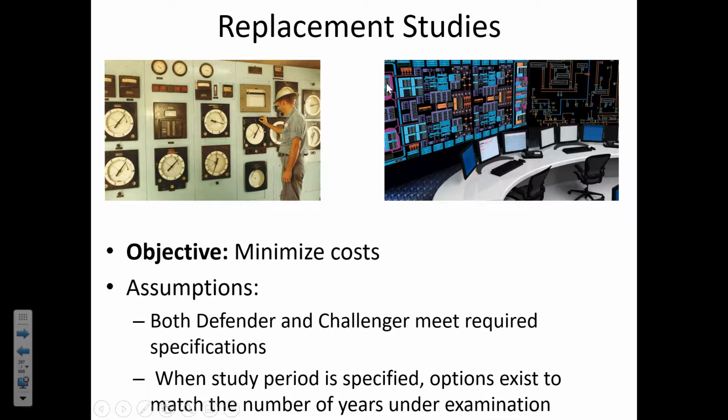And part of the procedure that we followed in class last time was we took all of this to the present with the NPV function. And then once all of that amount was at the present, we found the equal annual equivalent. So that's an important part of the economic service life analysis, is you take variable operations pricing data and you annualize it so that it would be the same amount each year.